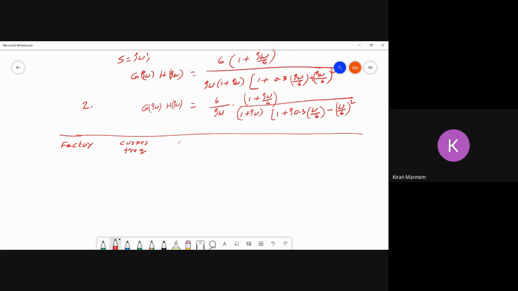Then what's the asymptotic log magnitude characteristic? Then phase angle characteristic.